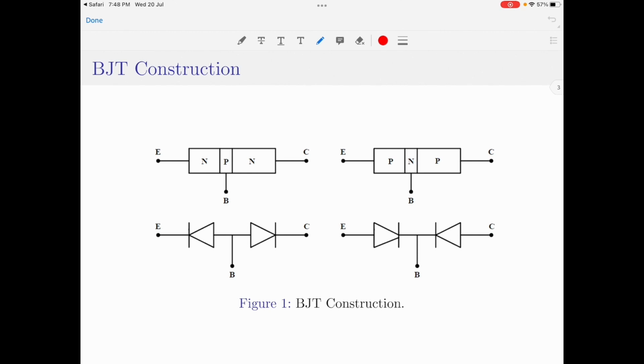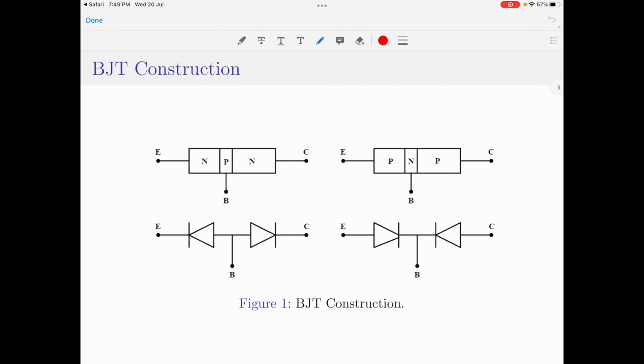The medium doped region is called the collector, and the least doped region is called the base. Based upon the doping concentration, we have named those regions emitter, collector and base. Emitter has the highest doping concentration, then comes the collector, and lastly the base.